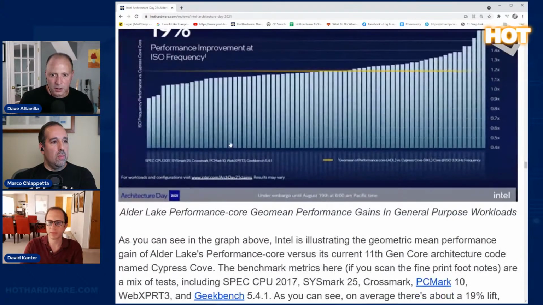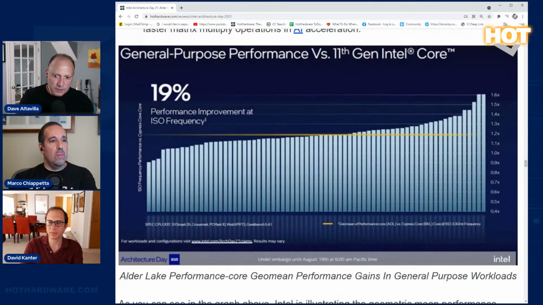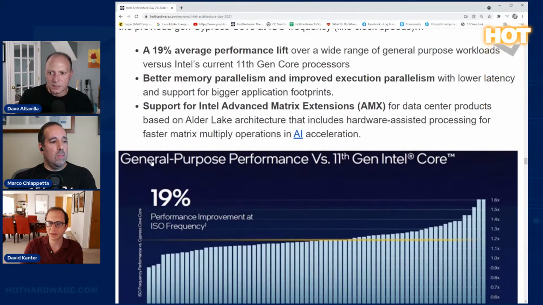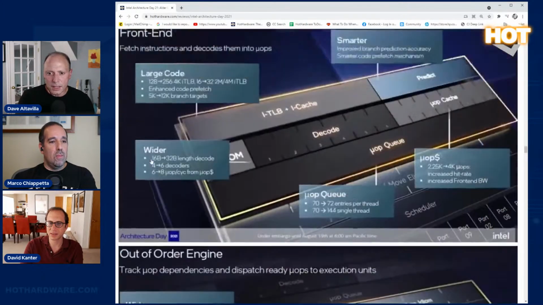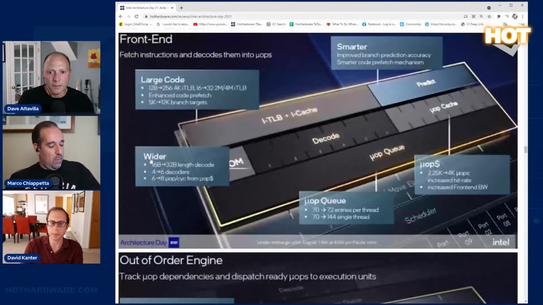There's the chart. Could be as much as 1.6x or as little as, on the other end, in a few of these metrics. And they talk about SPEC CPU, SYSmark, PCMark, WebXPRT, Geekbench. It could be about the same, but up to 1.6. Looks like it's beefed up pretty well this year, Golden Cove.